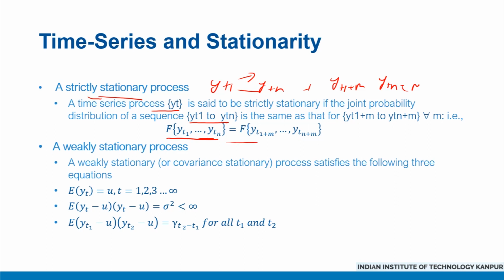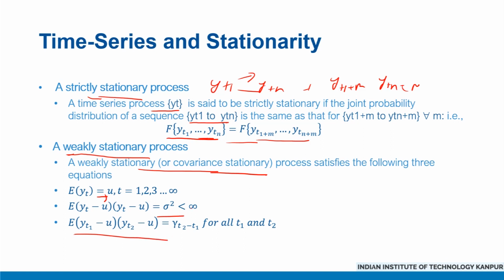But this strict stationarity condition is rather stringent and less practical. So in a practical sense, we make use of what we call a weakly stationary process. What is a weakly stationary process or covariance stationary process? If you recall, it's a process for which the mean of the distribution is constant over time, its variance is constant, as well as the autocovariance.